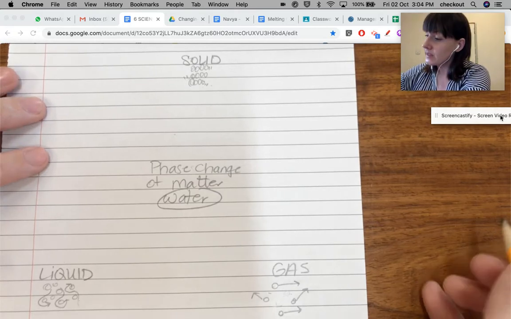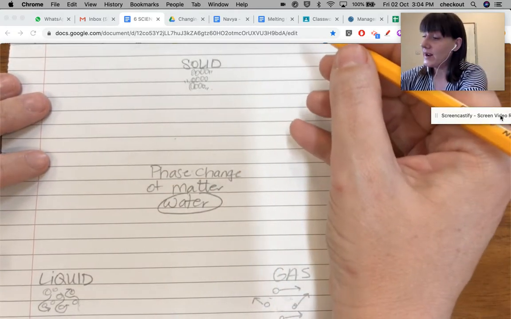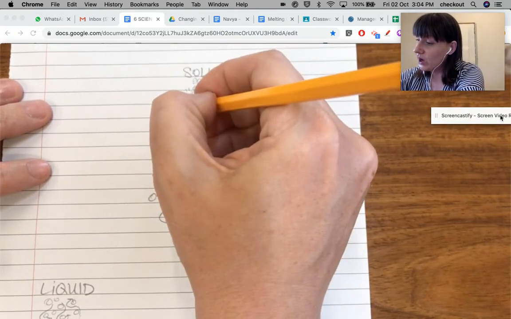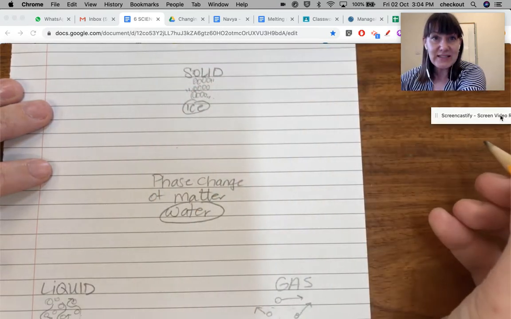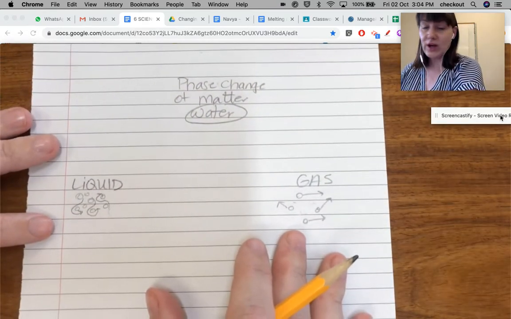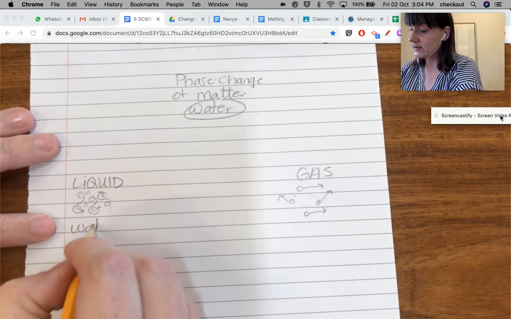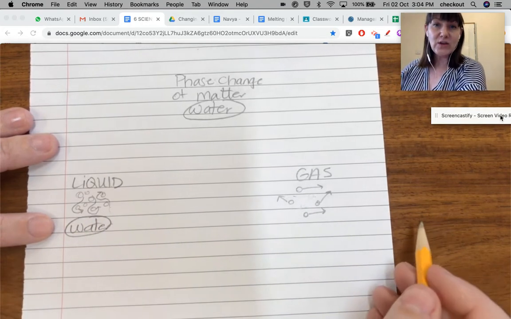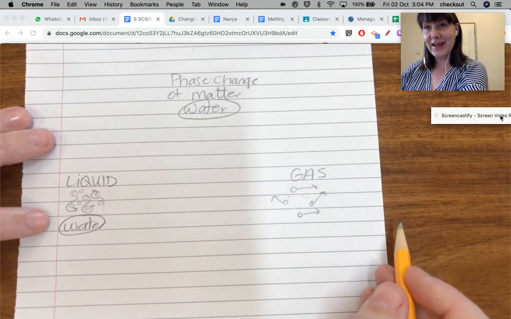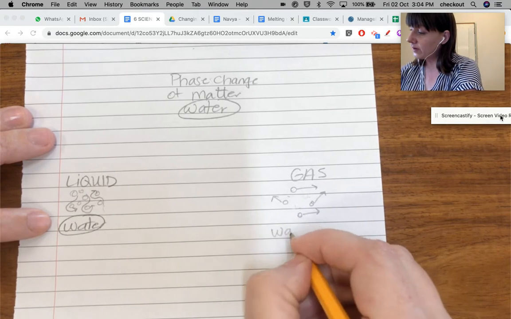All right. So if we think of water as a solid, the water that we know as a solid is ice. The water that we know as a liquid we call water. And the water as we know it as a gas is called water vapor.